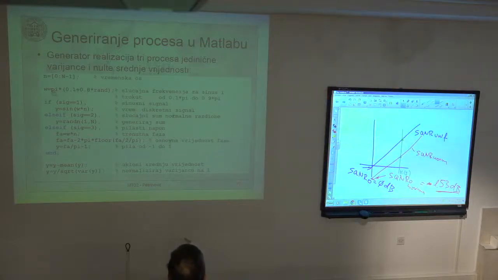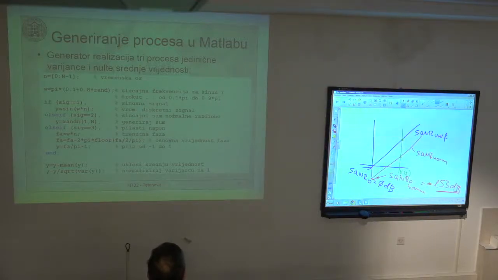In this case, I select this value omega or W from 0 to 2 pi. That would be the phase increment between two time samples, the same as we had before for the case when we simulated quantization. So if the signal is of type 1, then we simply compute the sine of omega times n. So for each new time sample, I increment the phase by W. This is the actual phase increment depending on the chosen frequency omega.